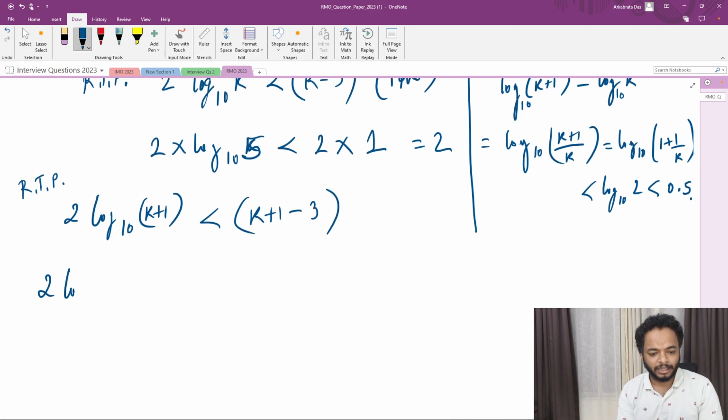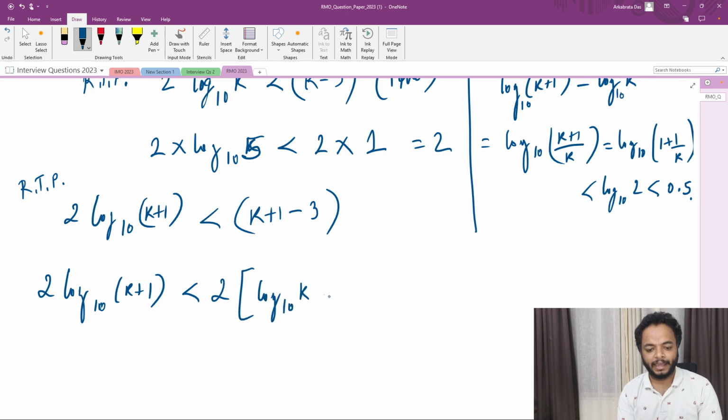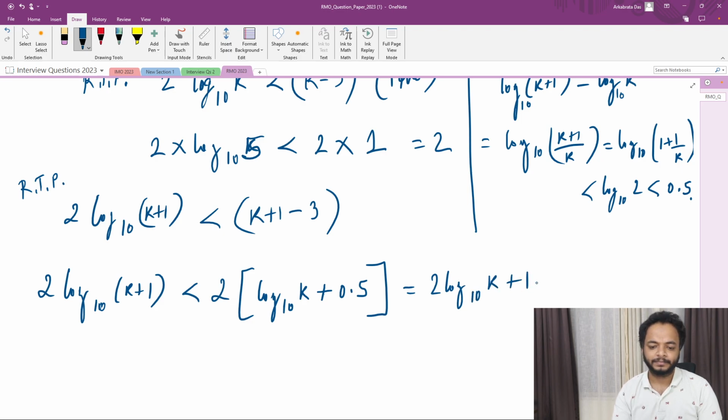So 2 times log base 10 of k plus 1 is strictly less than 2 times log base 10 k, and I have there 0.5 times 2, which is 1. Okay, and this is coming out to be 2 times log base 10 k plus 1.